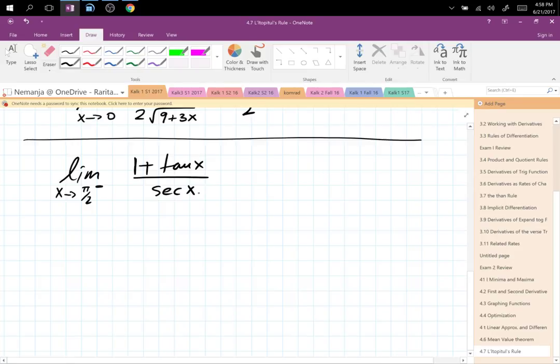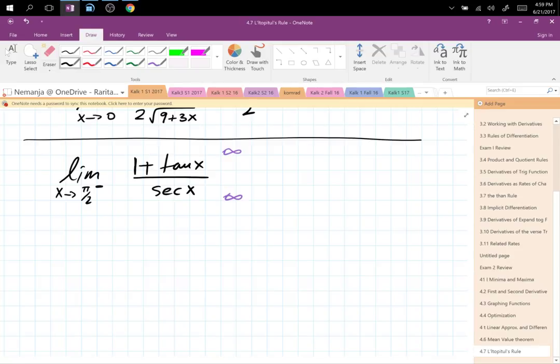We know we have a vertical asymptote at pi over 2 for tangent. Secant x is 1 over cosine. Cosine has a 0 at pi over 2, which means 1 divided by 0. There's a vertical asymptote for secant as well. So we're definitely now getting infinity over infinity.